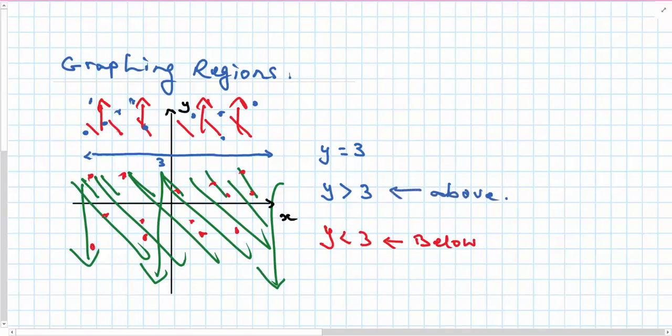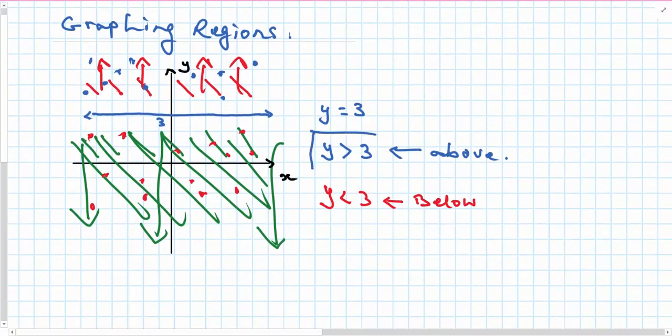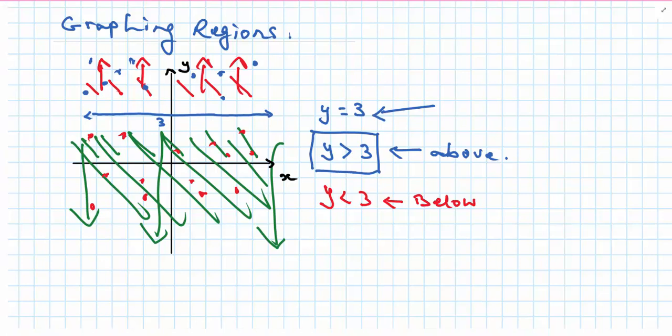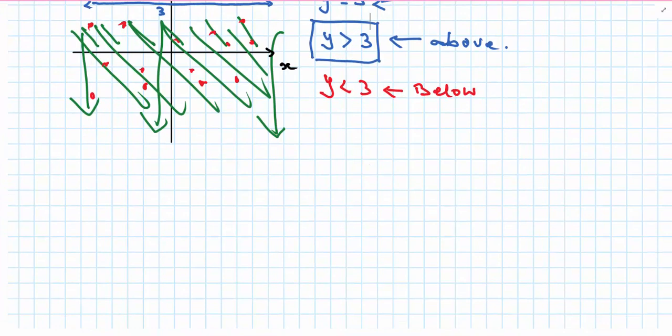So if a question asks you to sketch the region y greater than 3, we sketch the line y equals 3 and then shade in the region above the line. That's not quite right. Let's do this again.